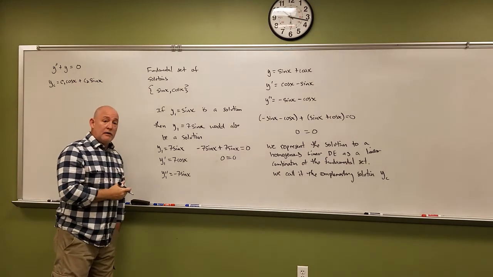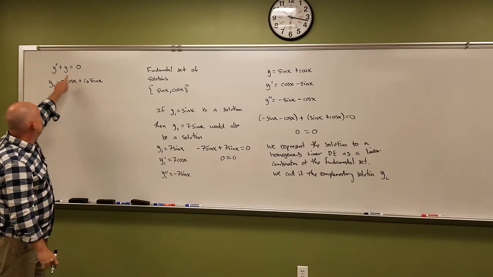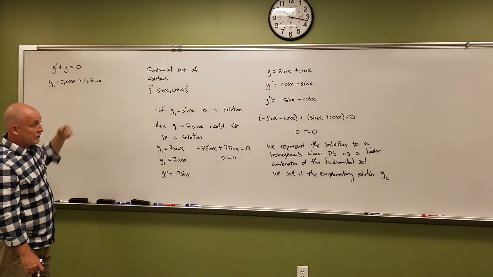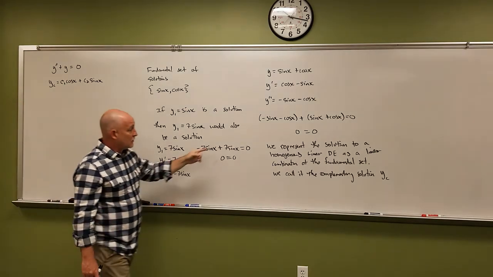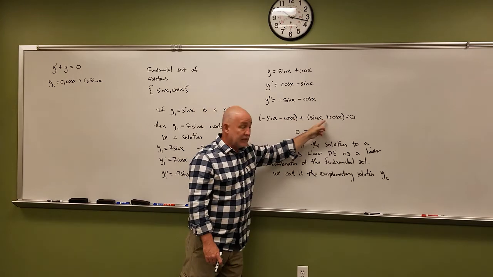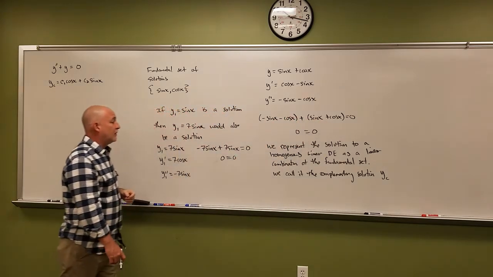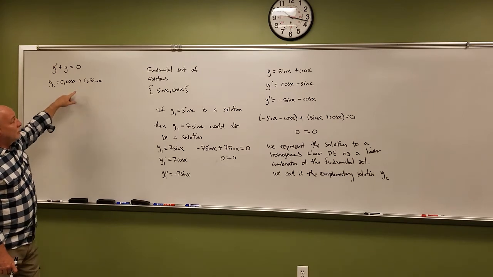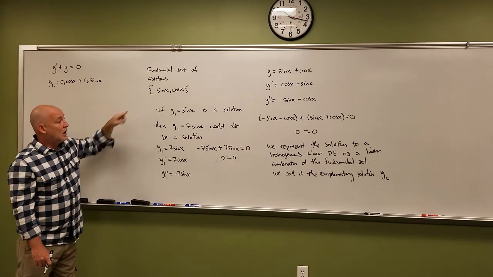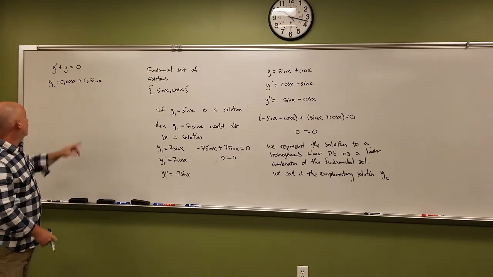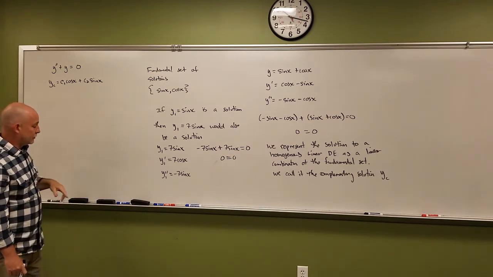This is still a solution to the differential equation. You don't believe me? Plug it in and you'll see it works out exactly the same way. The only difference is you'll have C1's here and C2's there, which means it's just going to cancel out. So we always represent the solution to a homogeneous equation as a linear combination of the fundamental set of solutions. So that gives us what's called our complementary solution.